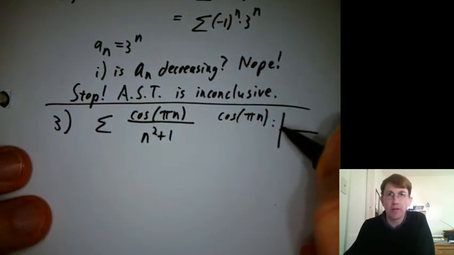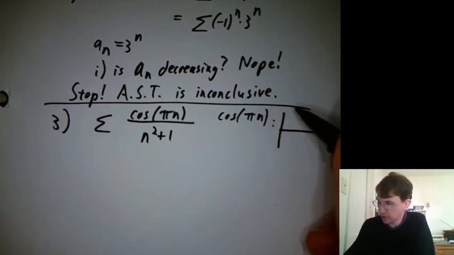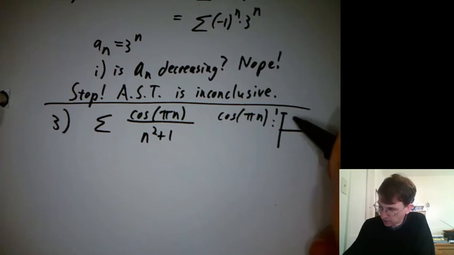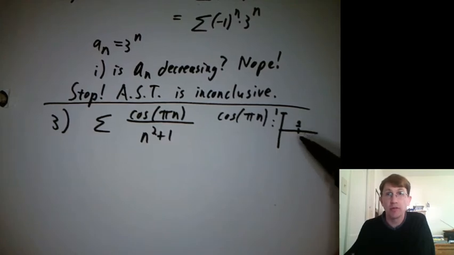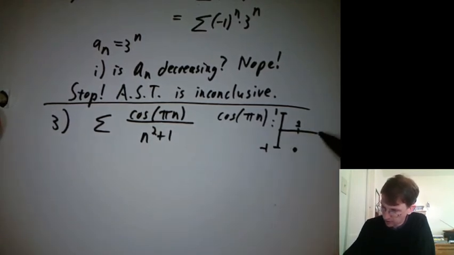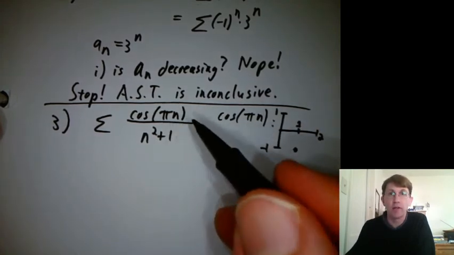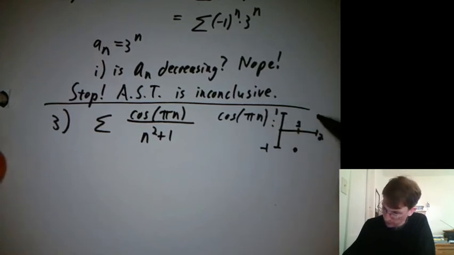At n equals 0, we'd have cosine of pi times 0, which is cosine of 0, which is 1. So we'd be up here at 1. At 1, we'd have cosine of pi times 1, which is cosine of pi, which is -1. So we'd be down here at -1. At 2, we'd have cosine of 2 pi, which is positive 1. So we're up here again.